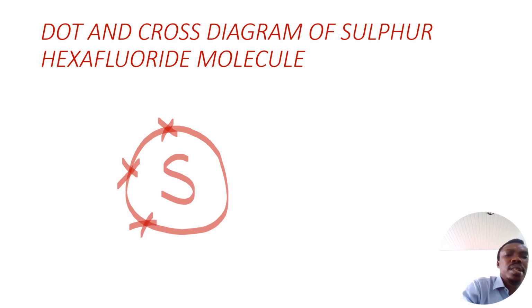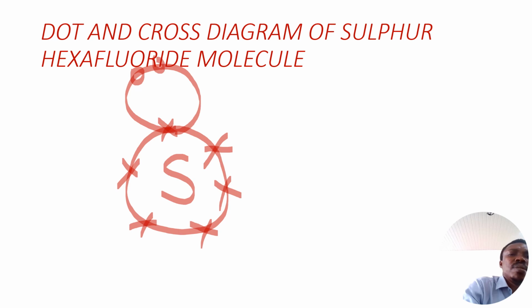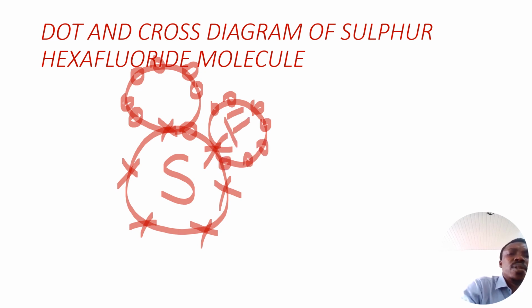1, 2, 3, 4, 5, and 6. Then this one will come: 1, 2, 3, 4, 5, 6, 7. Another: 1, 2, 3, 4, 5, 6, 7. It's fluorine.